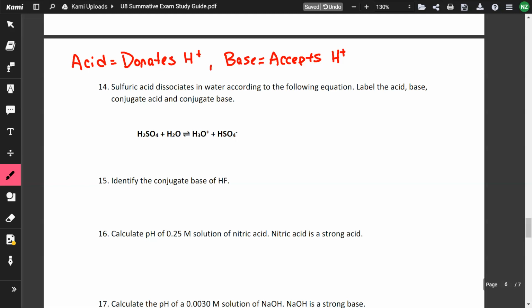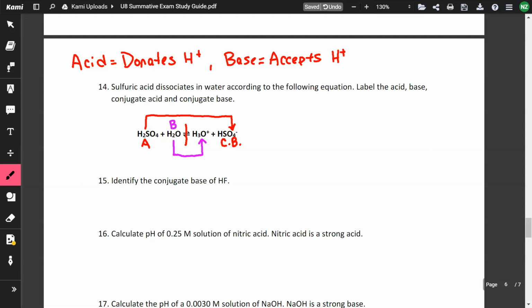I like to think of this kind of like a before and an after. The left side being before, right side being after. So if you look here, H2SO4 to HSO4, the only difference is a hydrogen. This will be our acid. This will be our conjugate base. H2O to H3O gains a hydrogen.